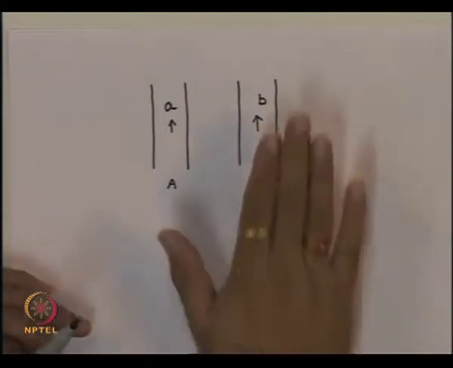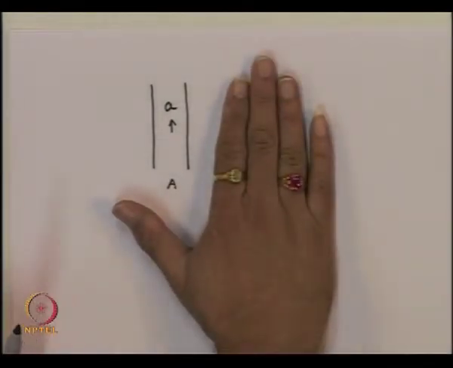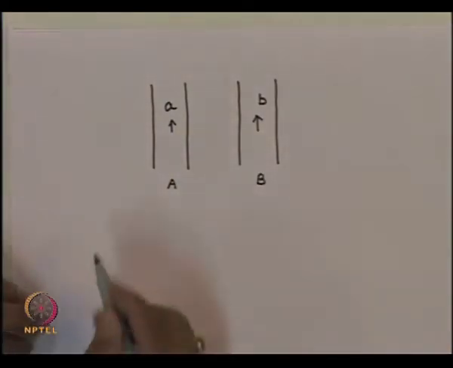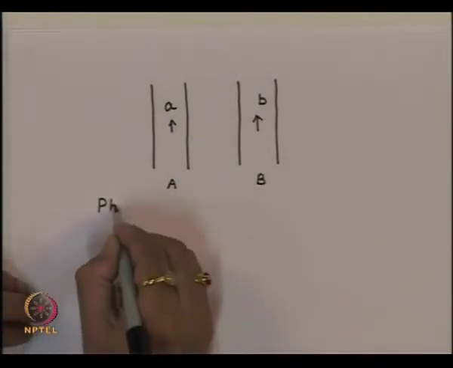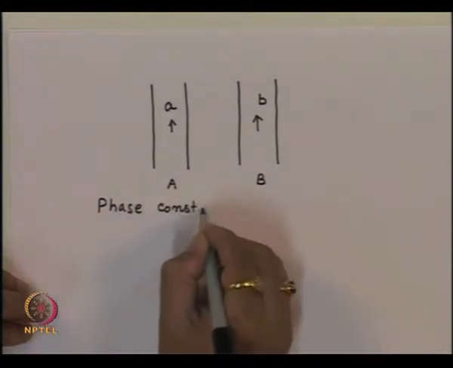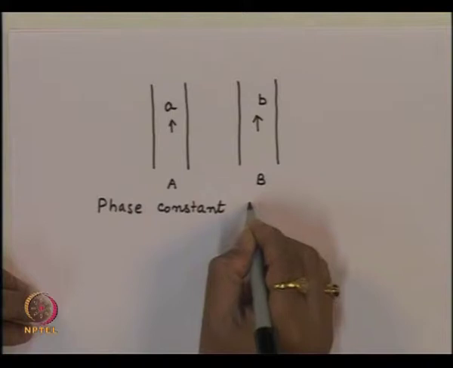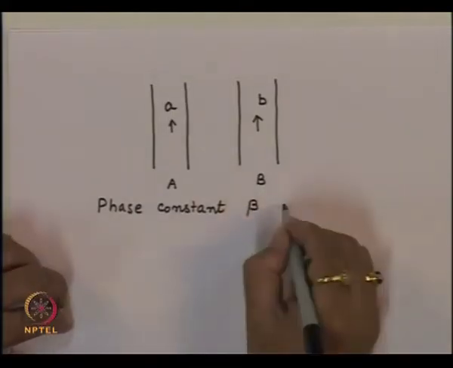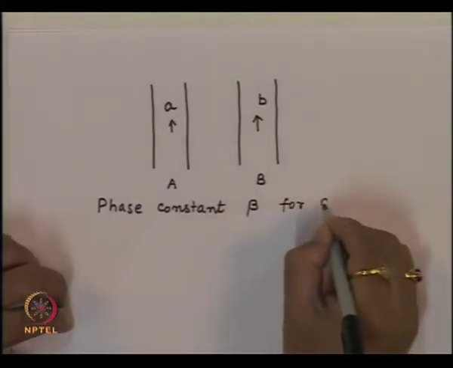So in the absence of the other waveguide, the phase constant with which the wave will travel on this structure is what is called beta, the phase constant for an isolated waveguide.